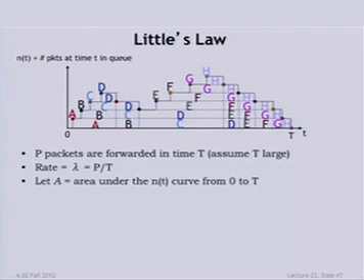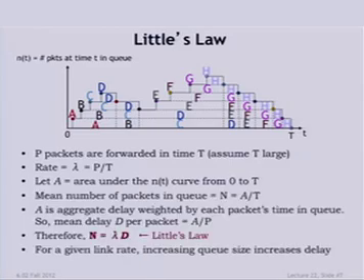Now, let's assume that the area under the curve is A. This is the entire area under the curve here. This is an area under the curve of n of t, which is the number of packets as a function of t. If you think of it in continuous domain, it's the integral of n of t, and I divide by T, I get that number, right?